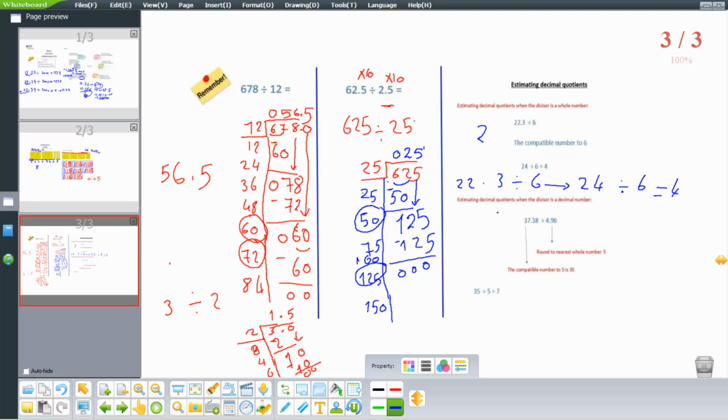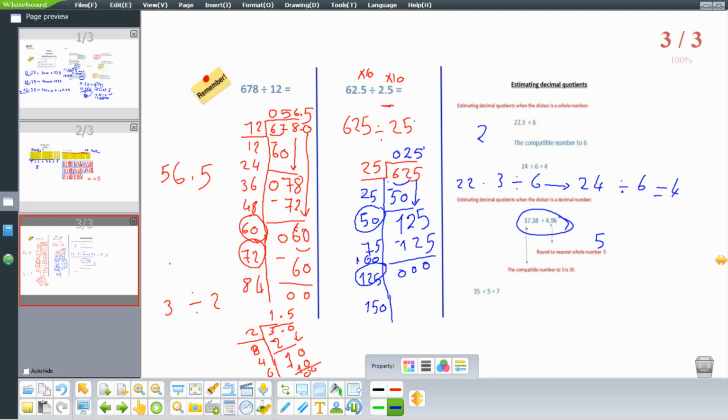Estimating a decimal quotient when the divisor is a decimal number. Here we can estimate it by rounding to the nearest whole number or the compatible number. So if I round 4.96 to a whole number, it will be 5.